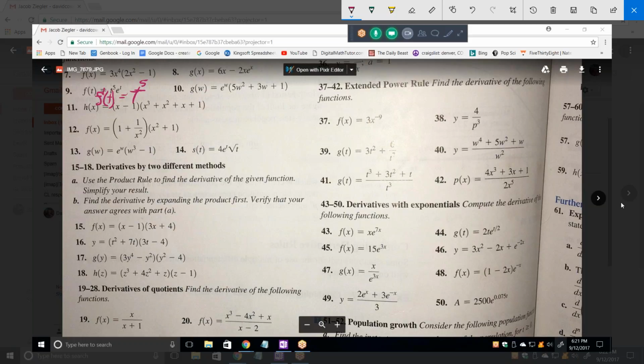If it's a function of t, then it's e to the t. That's the derivative of e to the t. Oh, yeah. Okay. Now, plus what? Plus 5t to the 4th power times e to the t.